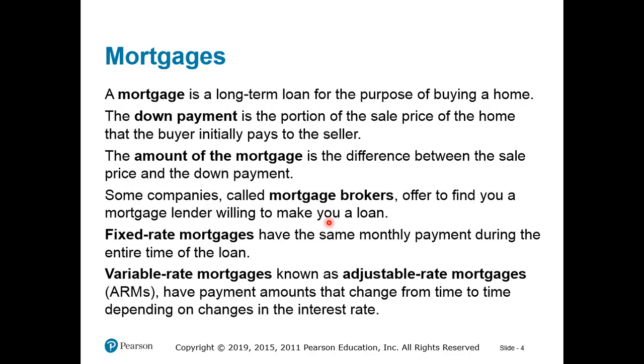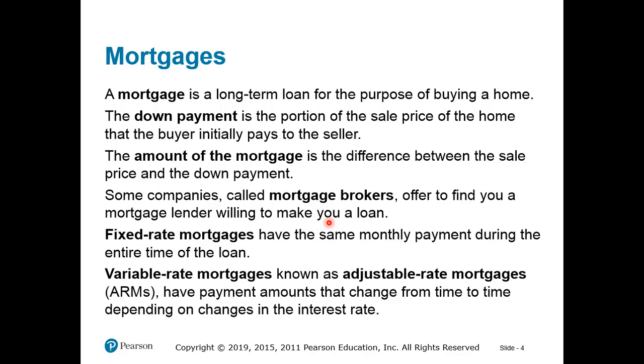Your jaw will drop. Anyway, the down payment is the portion of the sale price of the home that the buyer initially pays to the seller. The amount of the mortgage is what's left over, what you're financing for the house. It's the difference between the sale price and the amount of the down payment.